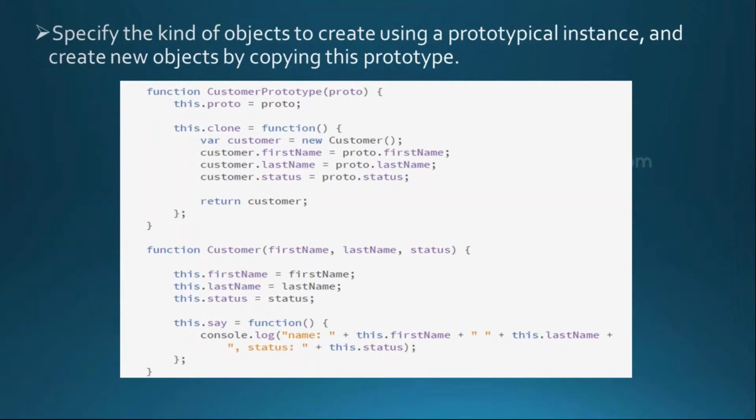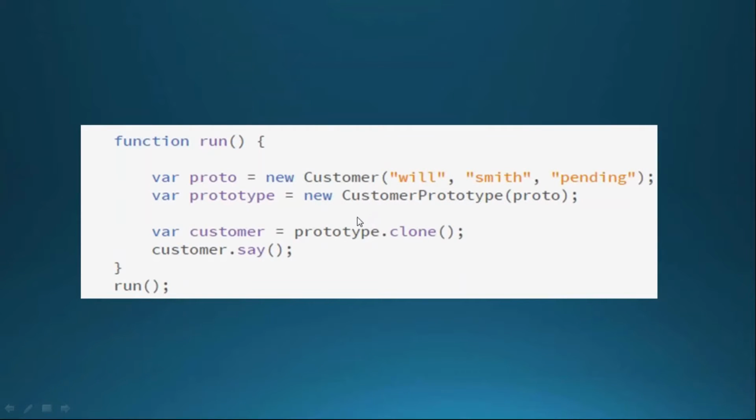Whereas customer prototype will have the reference to the prototype value, I mean the proto property, and then a clone function which will internally create the customer object and assign the values of the proto property. Here I create the customer object using the new keyword, and then I pass the created customer object reference to the customer prototype.